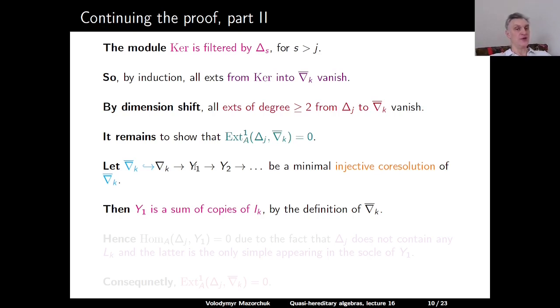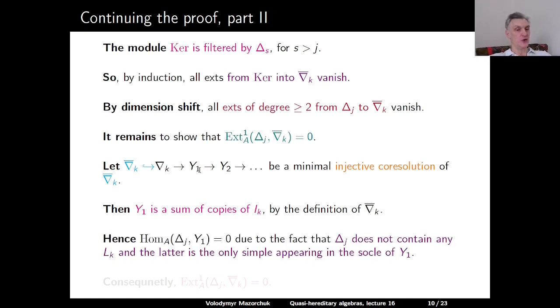And so now, if we apply to this minimal injective co-resolution, where Y_1 is a sum of copies of I_k, the functor Hom from delta_j, where j is smaller than k, then due to the fact that delta_j has no L_k as a subquotient, we have that Hom from delta_j to Y_1 is 0.